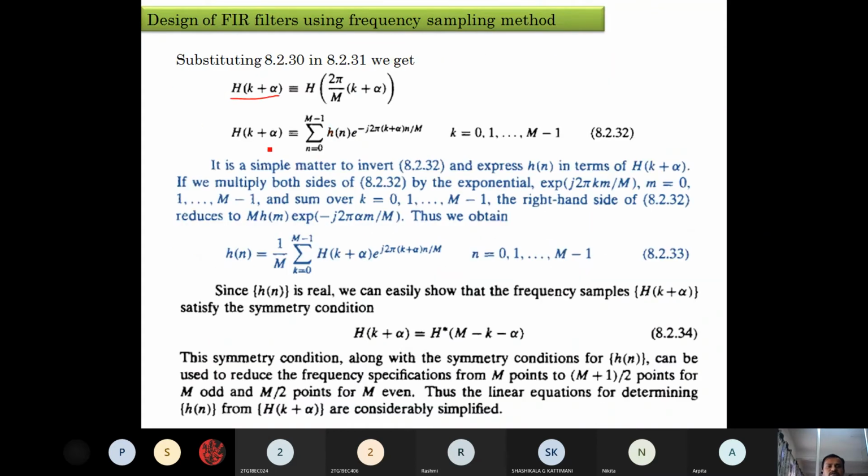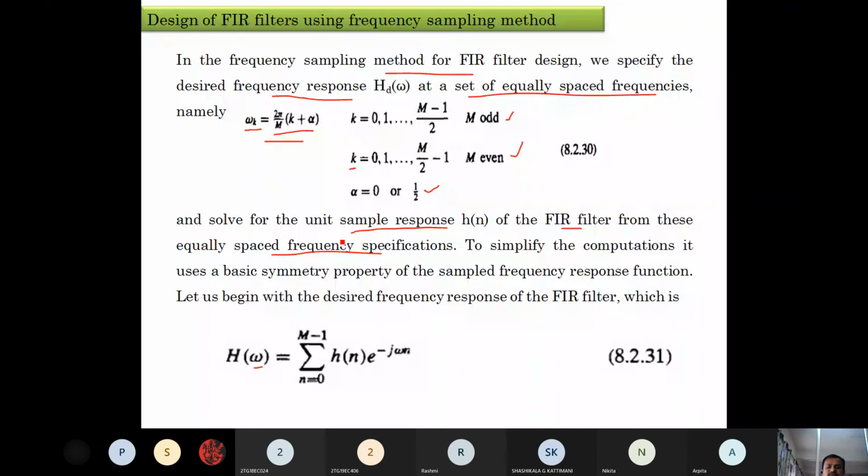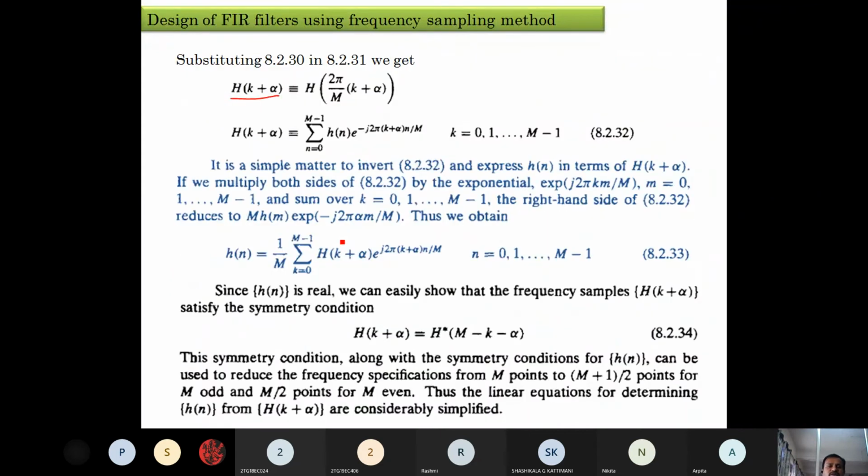Therefore, H of k plus alpha is summation n equals 0 to m minus 1 of h of n e to the power minus j omega n. We just replace omega by 2 pi by m into k plus alpha, into n, where k ranges from 0 to m minus 1, considering both even and odd sequences.